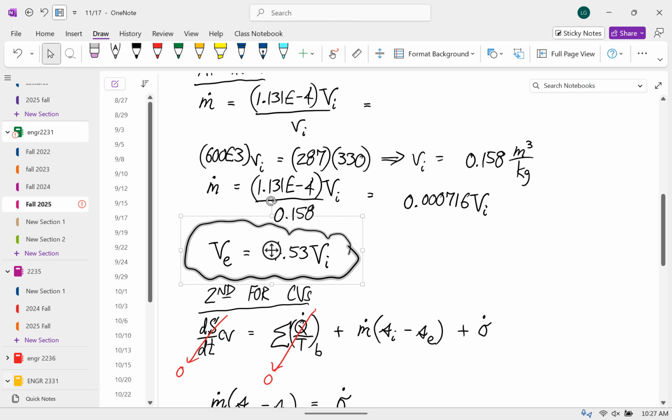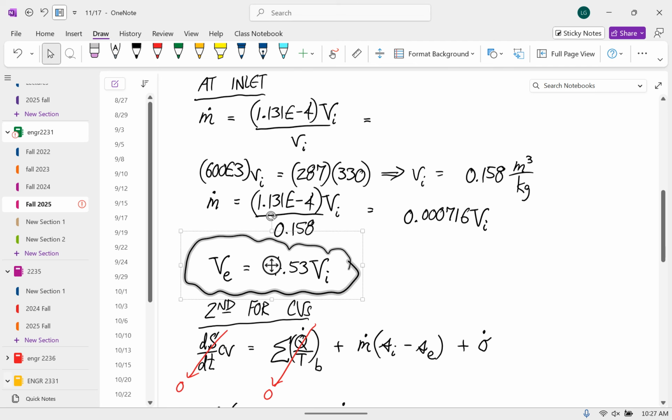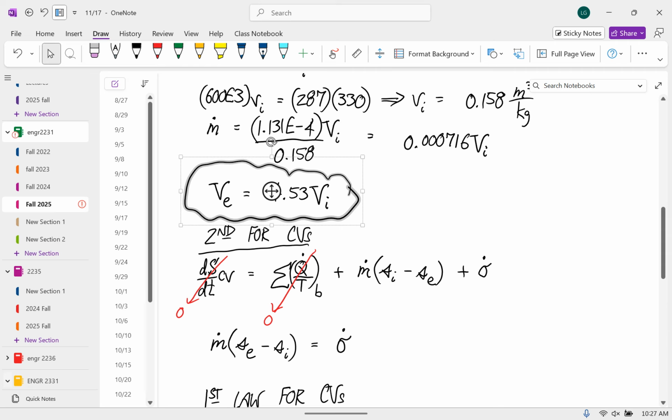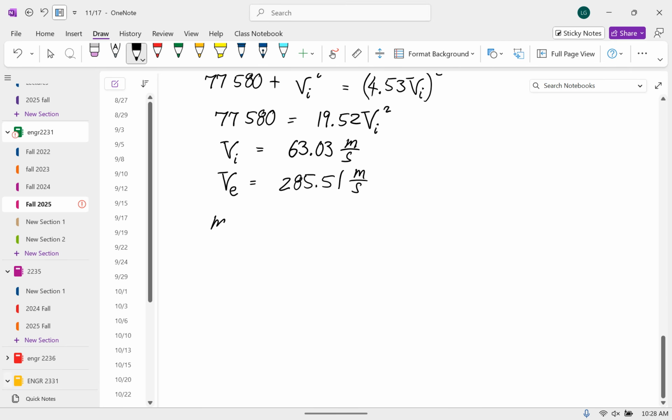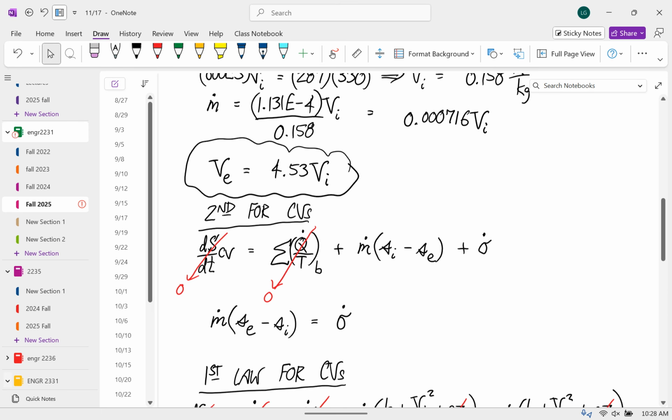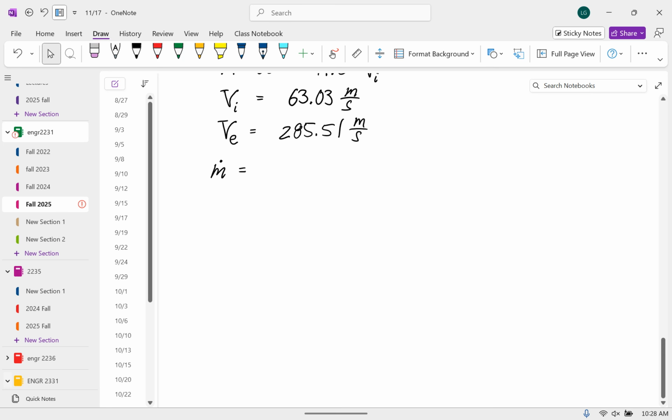So the mass flow rate is .000716 times 63.03.